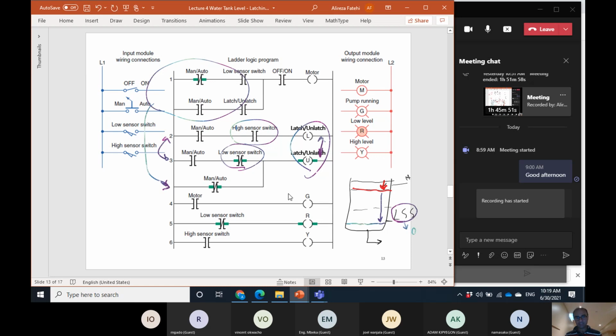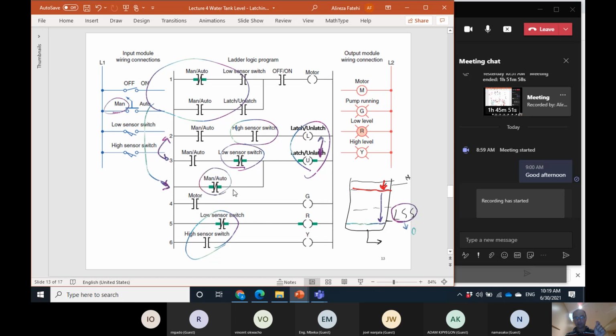Let me just mention here that there are some pilot lights to turn on and off, and here you see the red and yellow. What is this? Let's assume that the motor is on, and then we switch to the off mode, the manual mode.